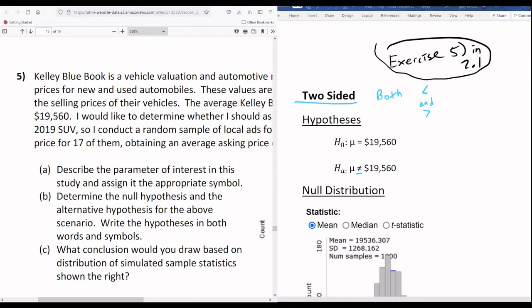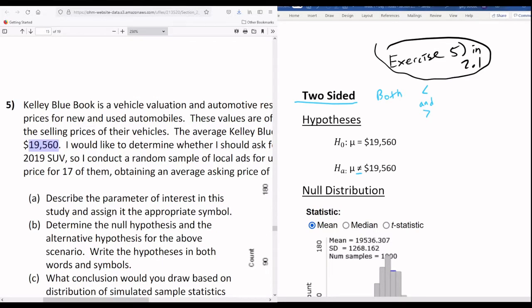But it can vary from place to place what the actual cost should be. I'm interested in whether that's really right for my area. If they're selling for more in my area, I can try to sell for that price. If they're selling for less, then I probably have to sell for less so that it actually sells.